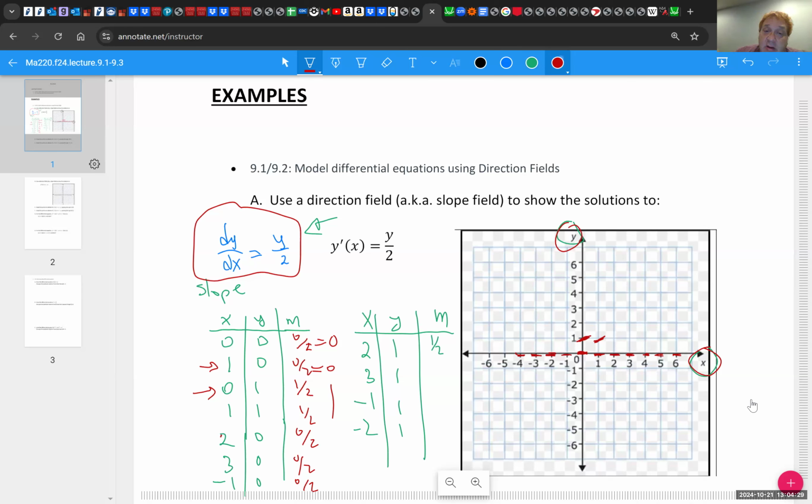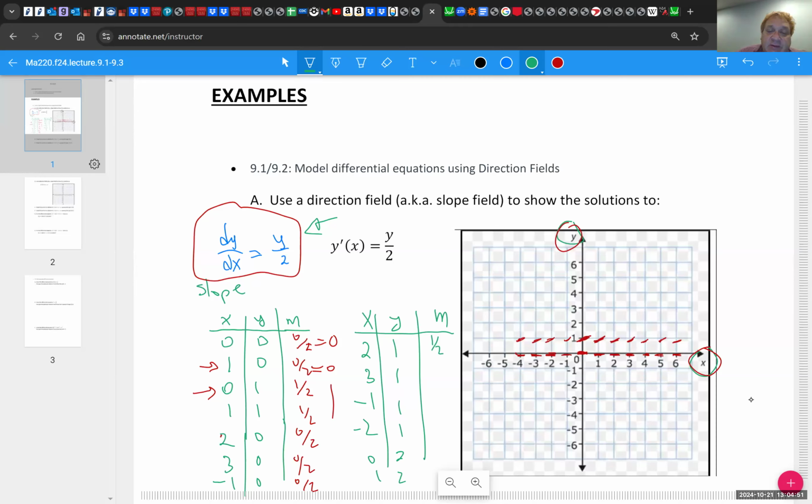So all along, when y is 1, we're going to get a slope of a half, half, half, and I could just keep doing this as long as I can draw a slope of a half. What about when y is 2? When y is 2, you could have x is 0 or x is 1.